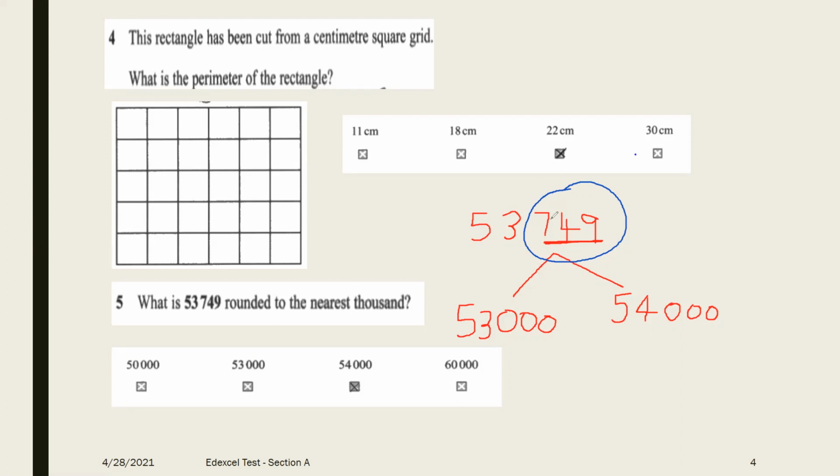So according to this, 749 means it's more than 500. Therefore, we can round it to the larger side. Then according to this question, 53,749, when you round to the nearest thousand, it is 54,000, right? So that is how you will get the answer.